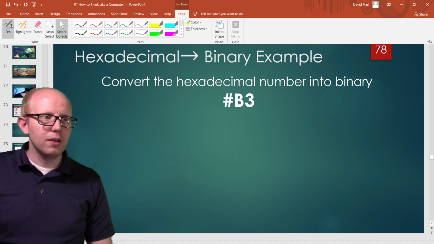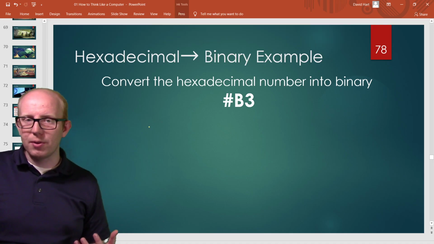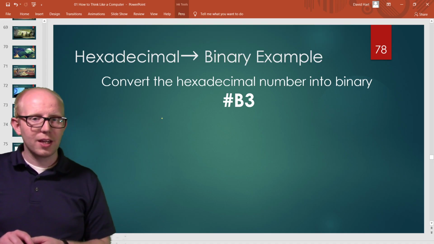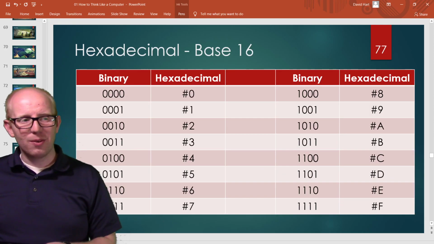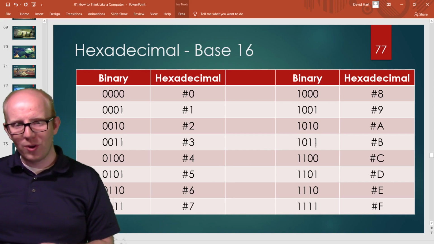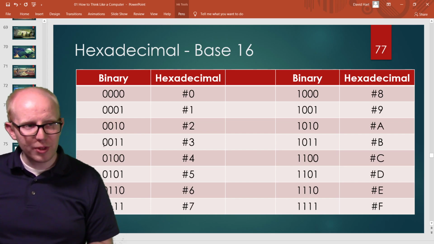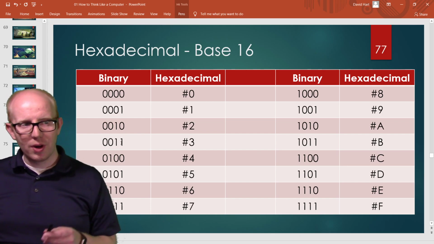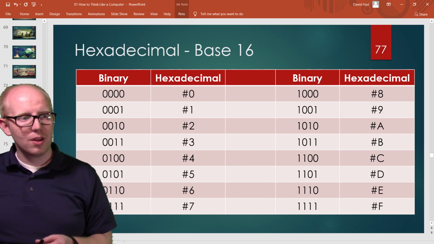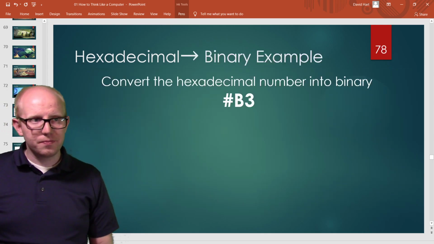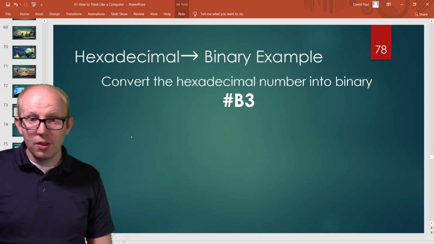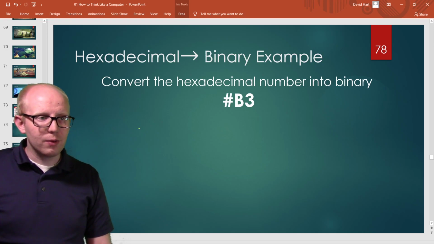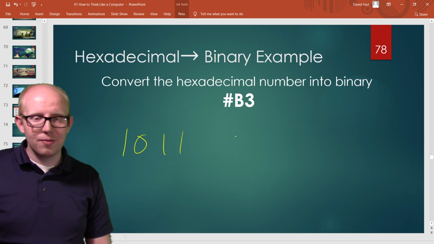So if we look at that table that we were looking at before, I'm going to try and switch back and forth here as best as I can. We'll see that B is 1, 0, 1, 1. And 3 is 0, 0, 1, 1. So going back, if we rewrite this, the letter B was 1, 0, 1, 1.